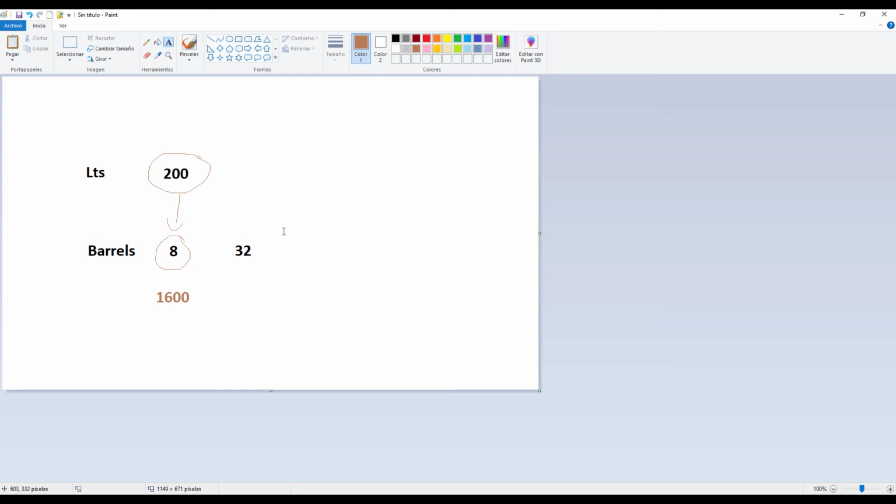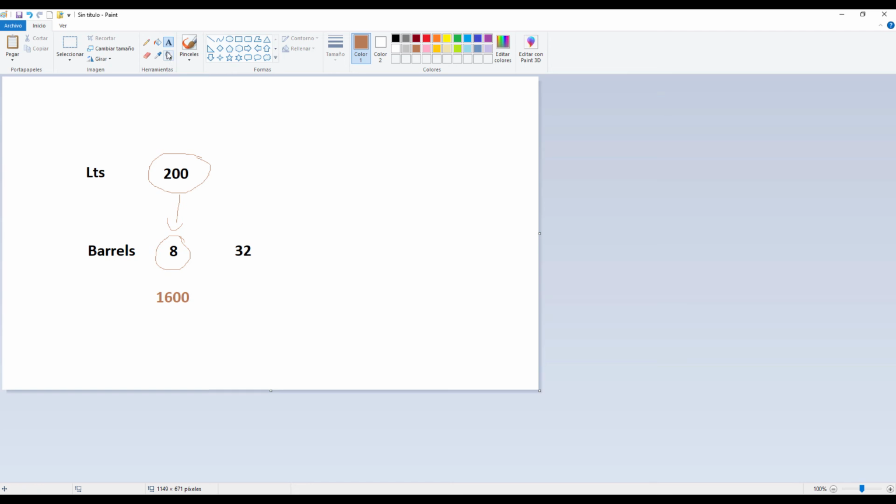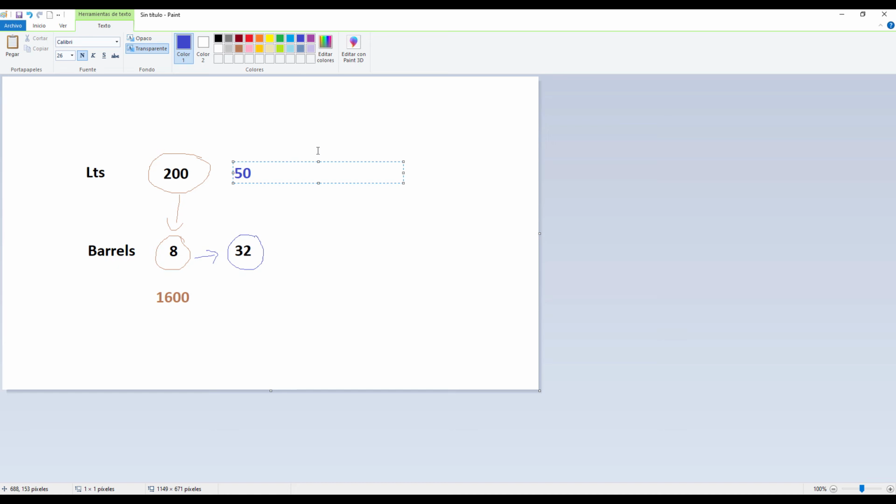So you need to divide that quantity by the number of barrels, so you need to divide by 32. The answer is 50 liters.